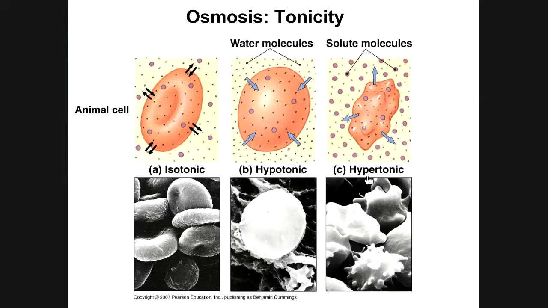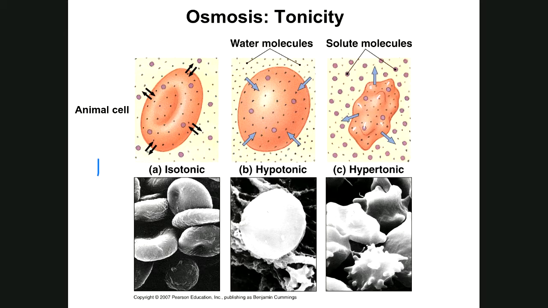So please remember, when you get into this topic on tonicity, we're still talking about the movement of water. That's why I put it by osmosis. It falls under osmosis, a special type of diffusion. When you hear the term isotonic, hypotonic, or hypertonic solutions, we are referring to the ECF. These three terms are in reference to the ECF.